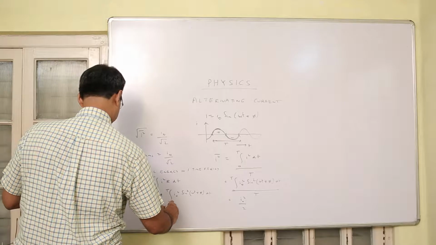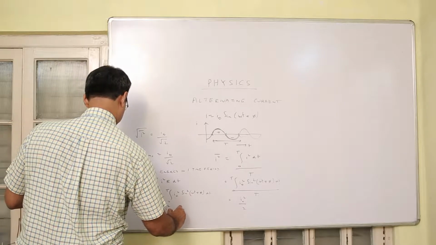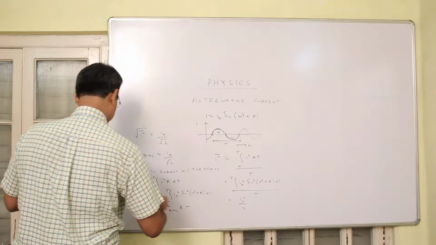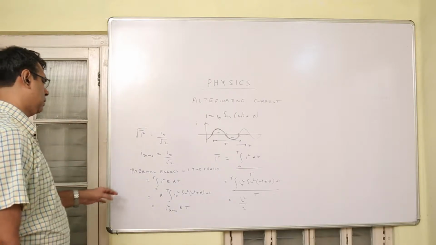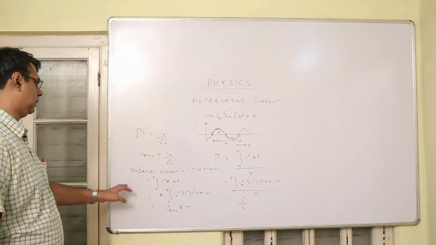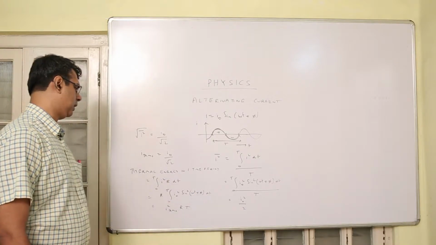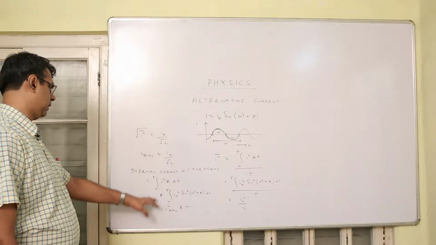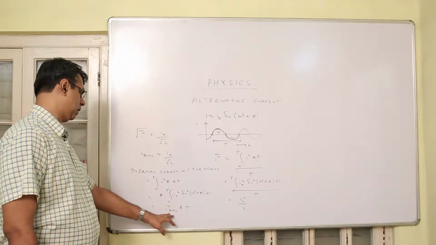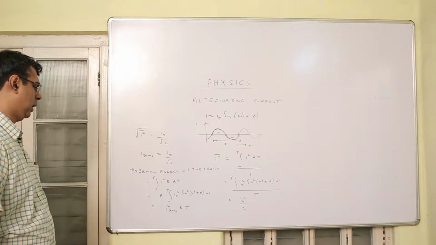So after simplification, it was found that it is coming I square RMS into RT. So very interesting thing, that the thermal energy in one time period, 0 to capital T I square R dt, after simplification is equal to I square RMS into RT.